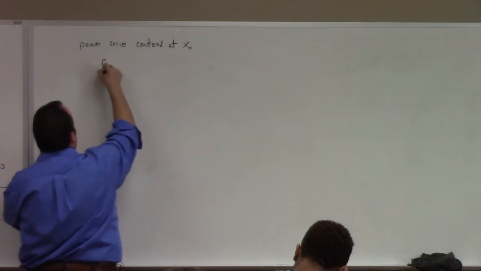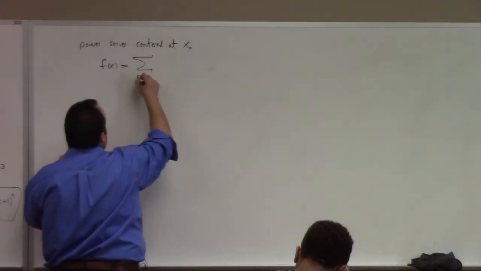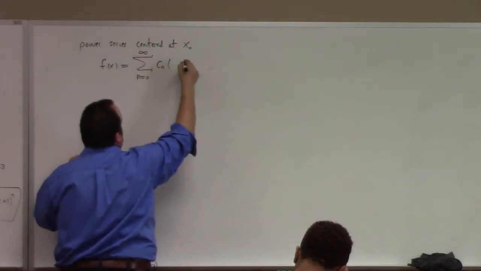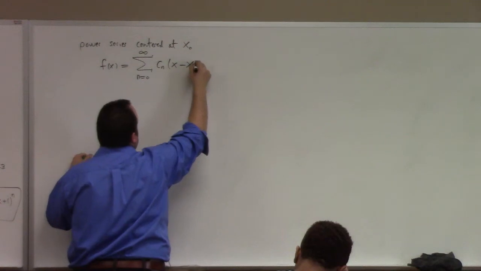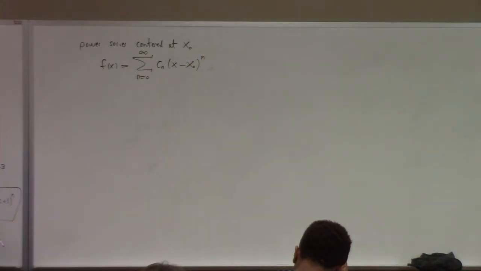That means it looks like f of x is equal to the sum n equals 0 to infinity of some coefficients, let's say c sub n, times x minus x naught to the n. This is what we mean by power series centered at x naught. Okay, so it's just because it's negative, because it's subtracting. Right, so minus a minus 1 gives me x plus 1, right?